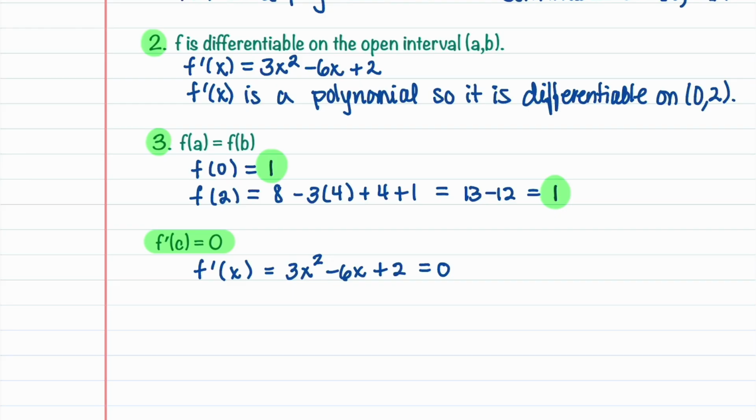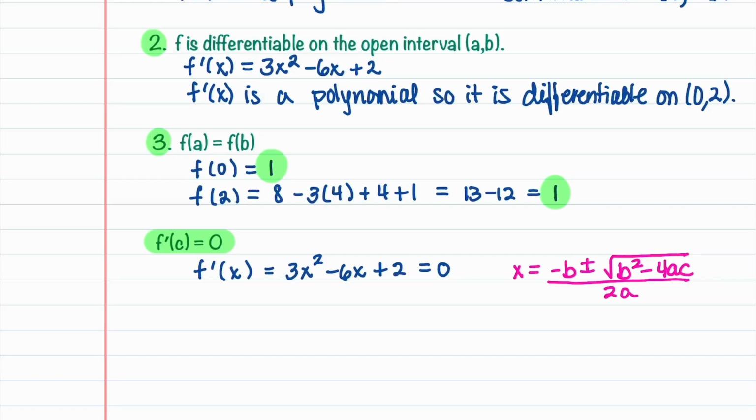Now, when I look at this, we need to factor it, but there is no way that we can factor that unless we use the quadratic formula. So let me just remind you what the quadratic formula is. I always think it helps to write it down. X is minus b plus or minus the square root of b squared minus 4ac, all divided by 2a.